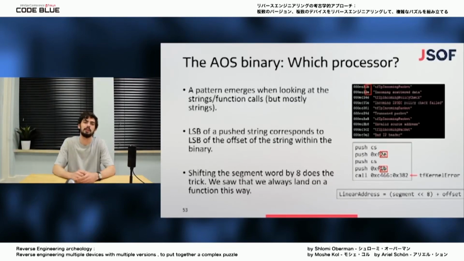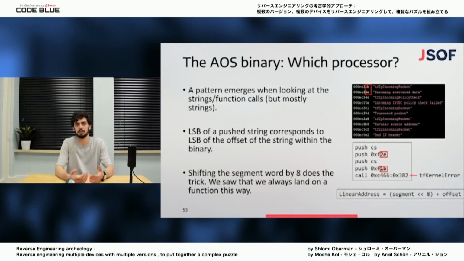Luckily, we noticed a pattern, initially in strings, that the least significant byte of a string's effective address appears in push instructions in the vicinity of the string. So we figured the string is most likely pushed as an argument to some string manipulating function.